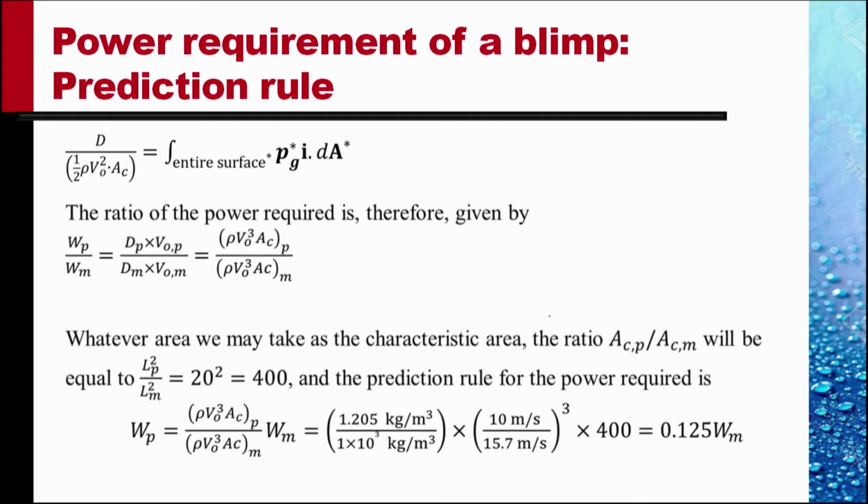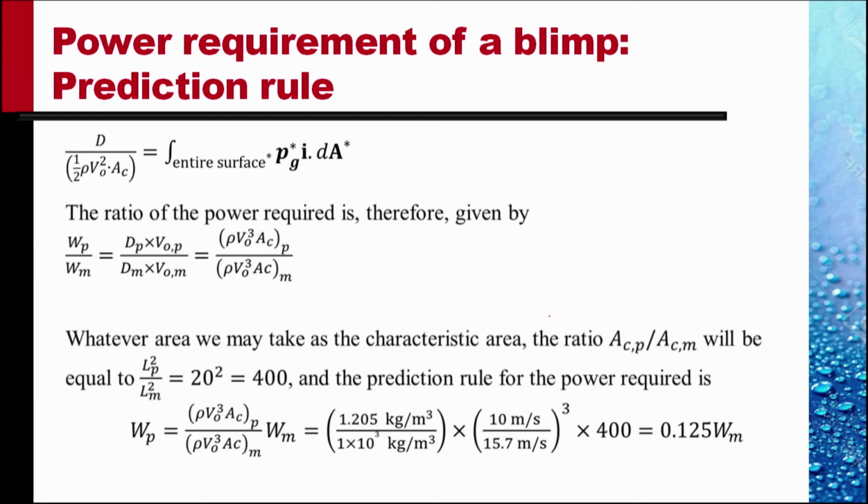Whatever area we may take as the characteristic area, the ratio ACP divided by ACM will be equal to LP square by LM square, the characteristic length of the prototype square divided by the characteristic length of the model square, which is given as 20 square. The length scale factor is 20. So this area ratio is 400.